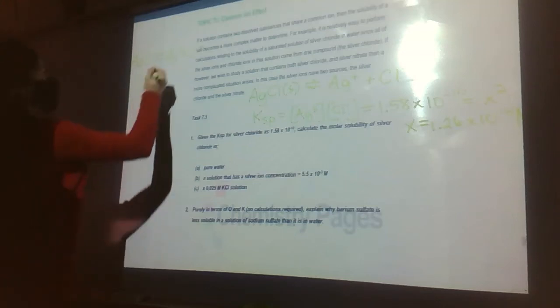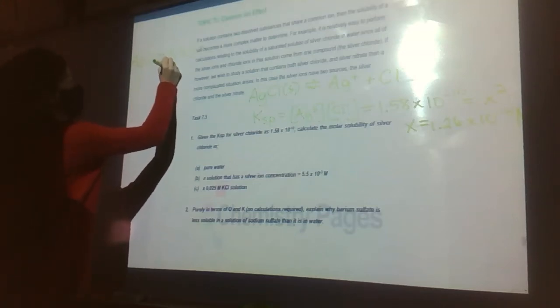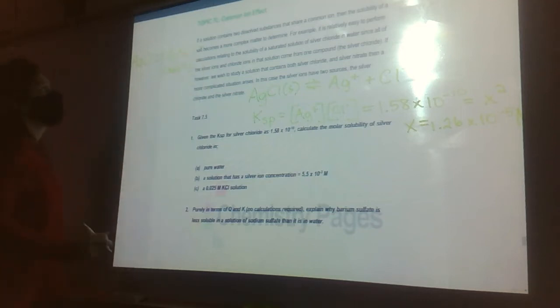Hopefully. All right, but part B says a solution that has a silver ion concentration of 5.5 times 10 to the negative 3rd molar. So this time, I'm not starting out with 0 silver. I'm starting out with some silver and no chloride. I have an initial concentration of product.